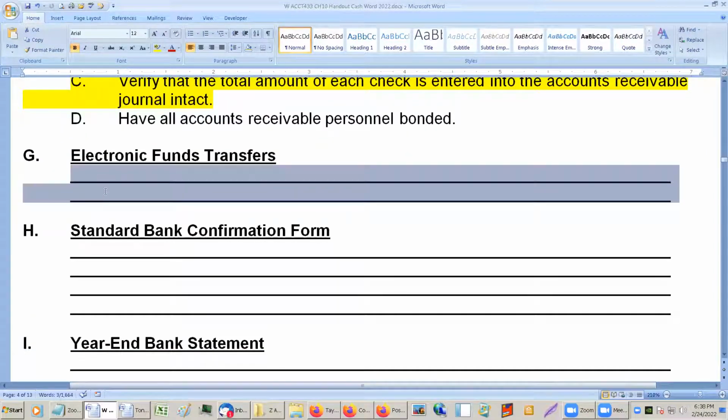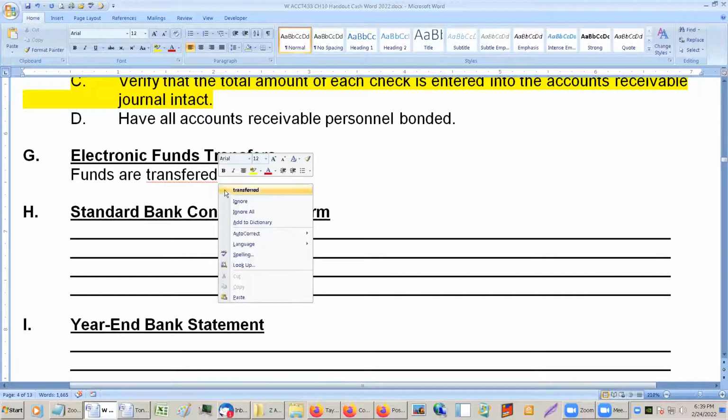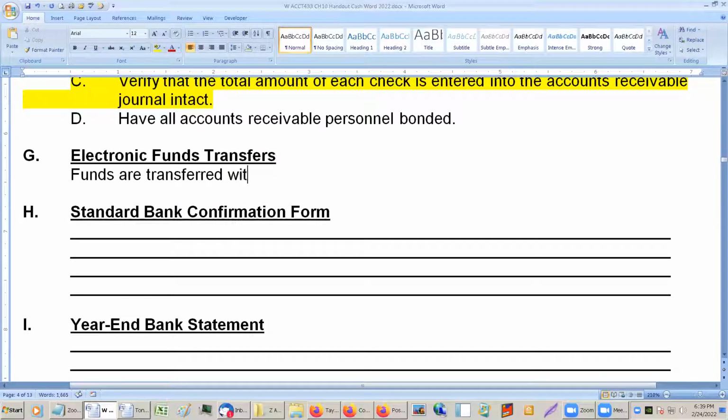Electronic funds transfer. This is kind of remedial for you guys. Funds are transferred electronically without a check.